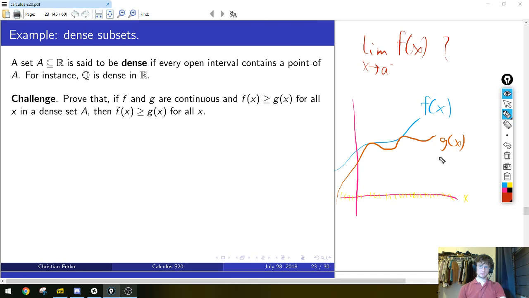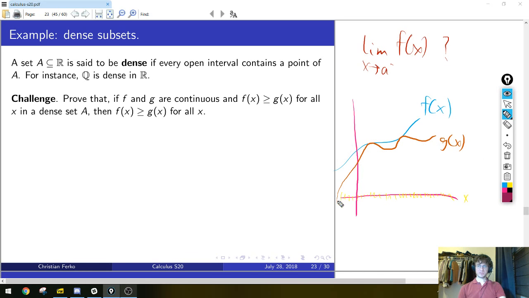I'm thinking along the lines of the squeeze theorem. Just how the limit of f of x as x approaches a is less than, but no, in this case is greater than or equal to the limit of g of x as x approaches a. But this doesn't have any relevance to dense subsets, so I have no idea.